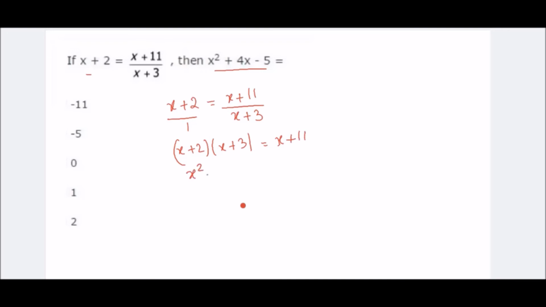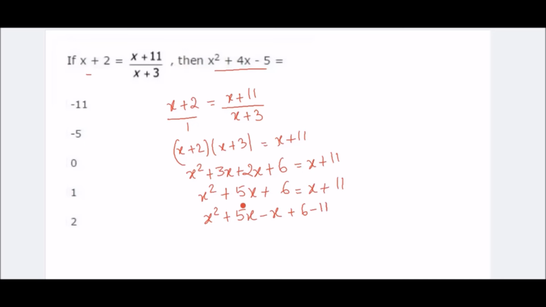That will be x square plus 3x plus 2x plus 6 is equal to x plus 11. So that will become x square plus 5x plus 6 is equal to x plus 11. Then x square plus 5x minus x plus 6 minus 11 is equal to 0. So see here, x square plus 4x minus 5 is equal to 0. So our answer will be 0.